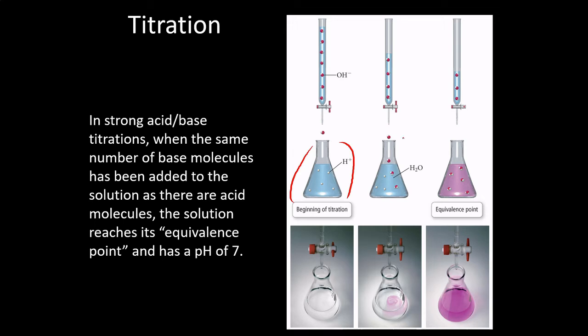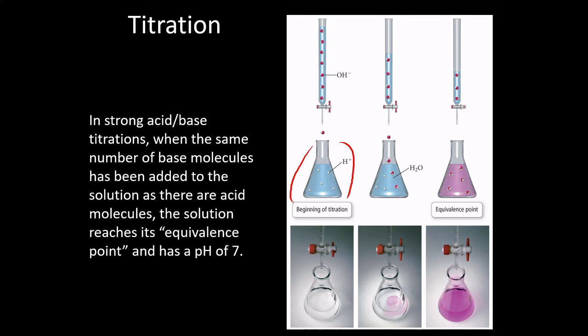And so as we start to change all this H+ into water, we start to see some pink showing up in the solution. Usually when we do these titrations, the pink will show up right away, right when the drop of base hits the solution. That's because immediately when that drop hits the liquid, right where the drop hit is more basic than acidic.